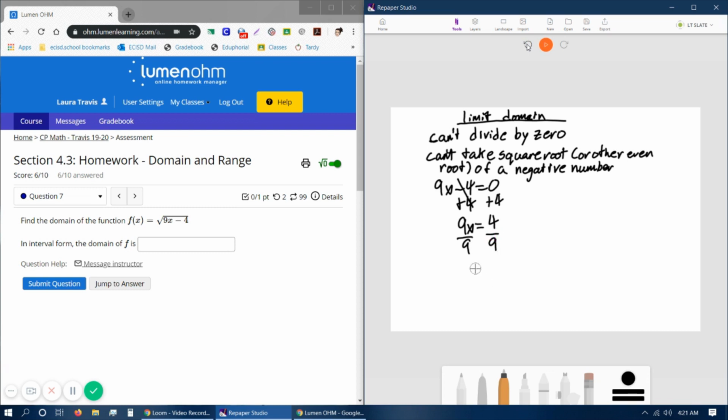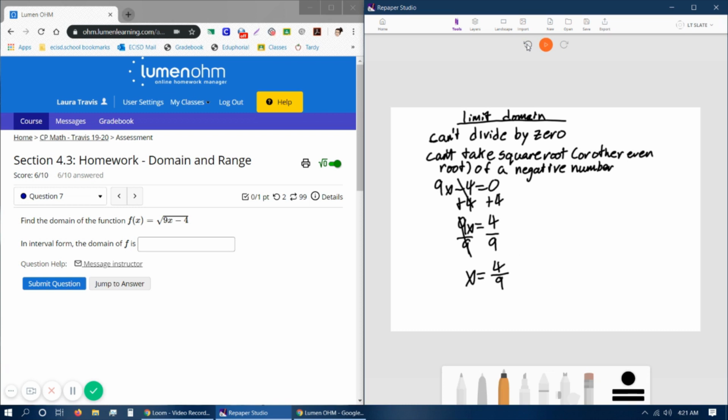The 9's on the left will cancel, giving me x equals 4 divided by 9. 4 divided by 9 does not simplify. Since 4/9 is the smallest value in my domain, I know that x is greater than or equal to 4/9.